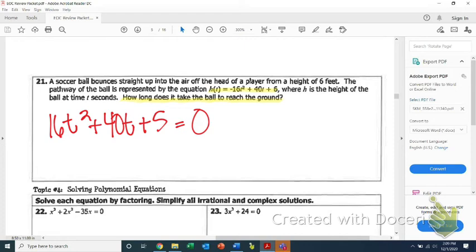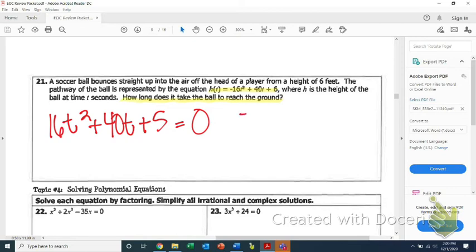I would suggest the quadratic formula on this one because it does have big numbers. And you'll notice, once you get done, we'll have a negative number. So let me work through this one.